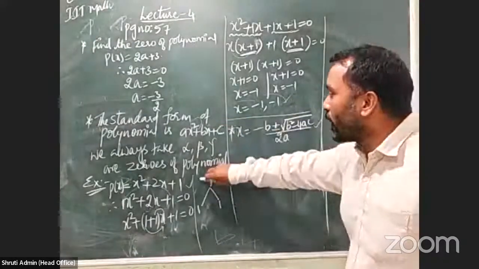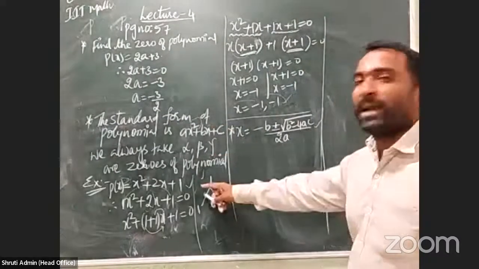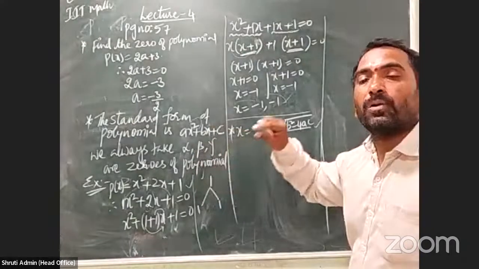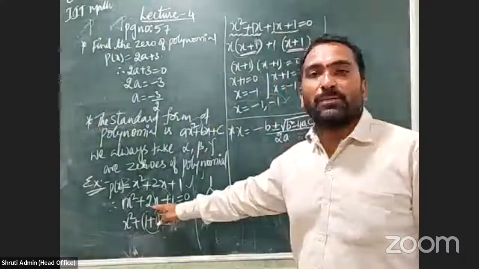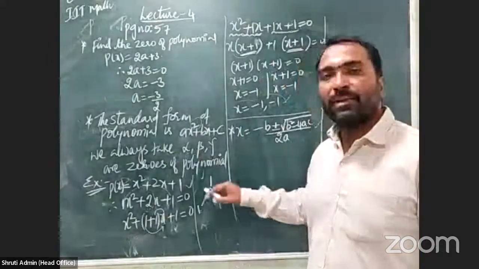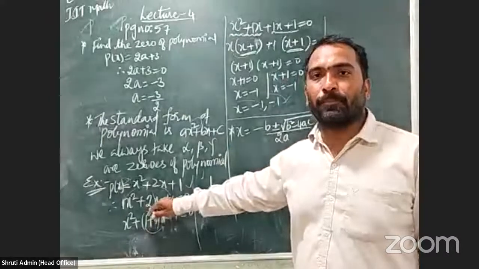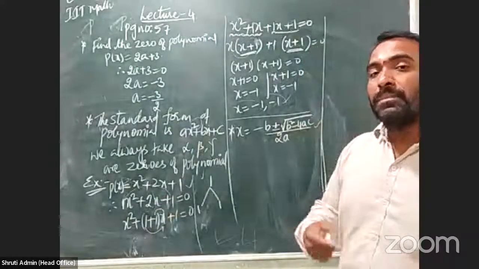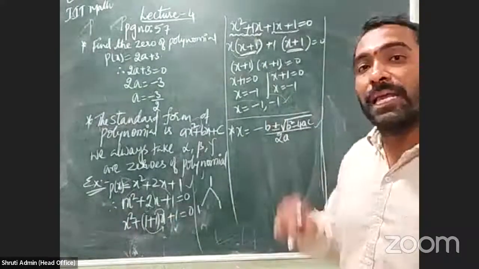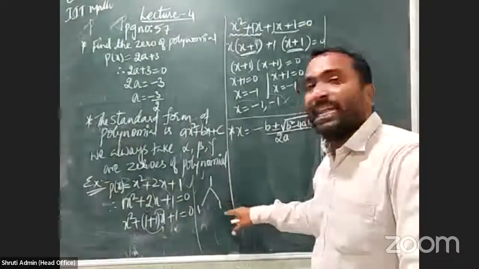We use the factorization method only when there is a possibility that, by taking the factors, either by adding or by subtracting, they equal the middle number. But some quadratic polynomials are such that it is not possible to get factors like this.